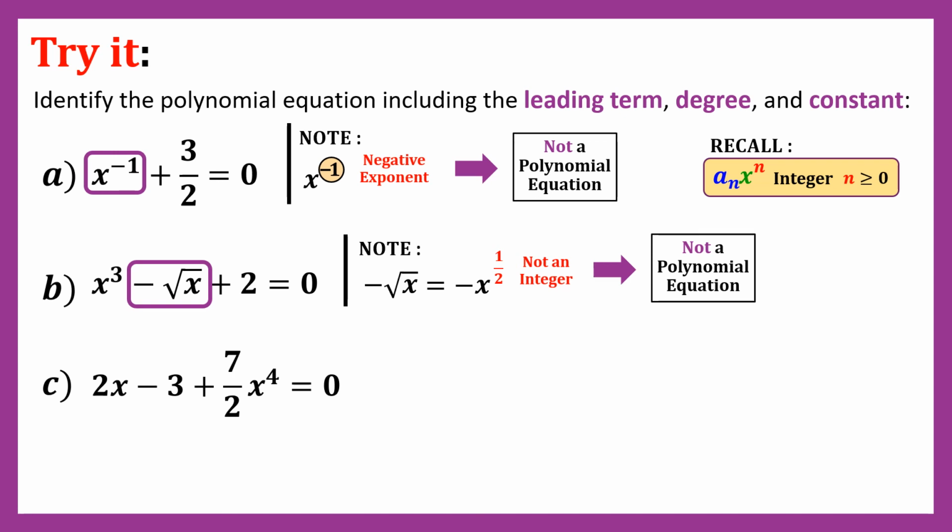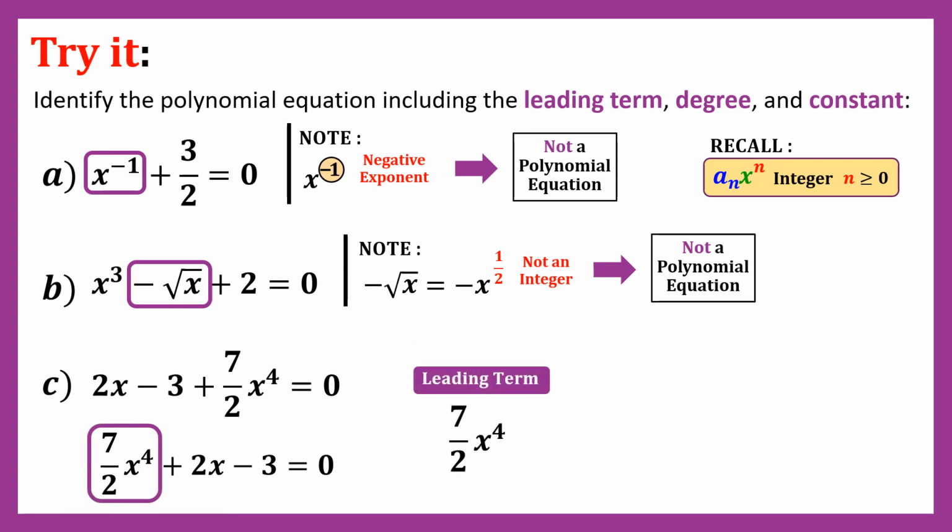Lastly, we have 2 times x minus 3 plus 7 over 2 times x to the power of 4 equals 0. Let's first rewrite this equation from the largest to the smallest exponent. In other words, let's write the polynomial equation in descending order. In this form, 7 over 2 times x raised to the power of 4 is the leading term.